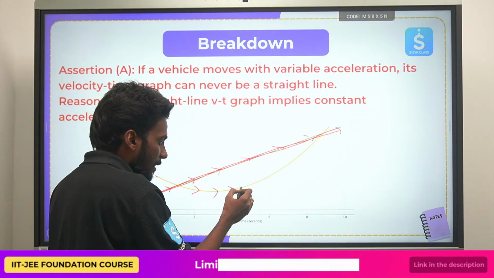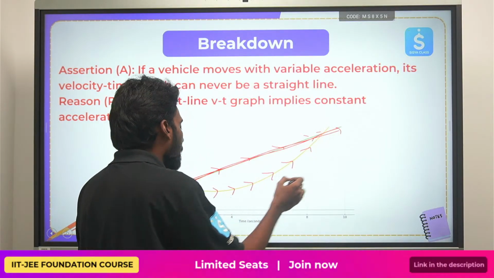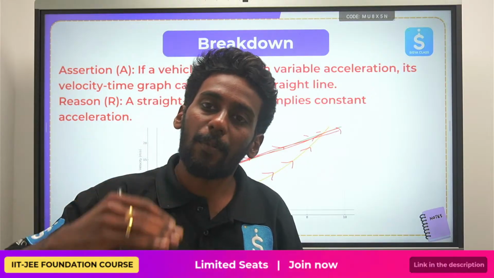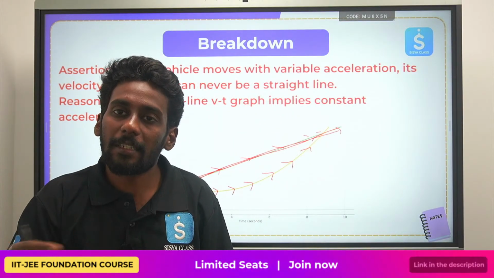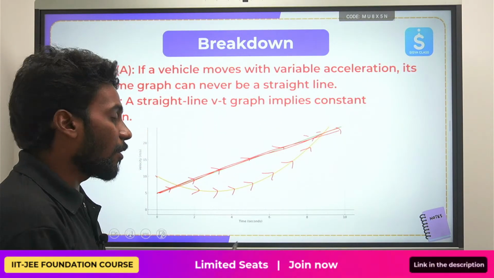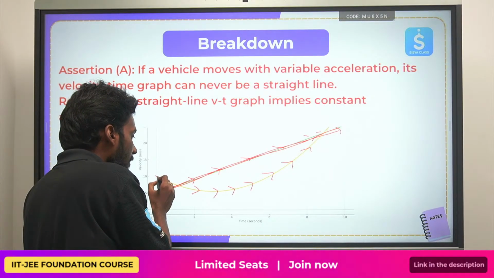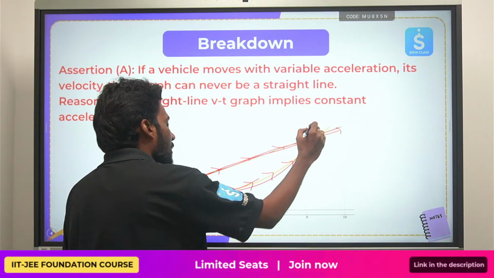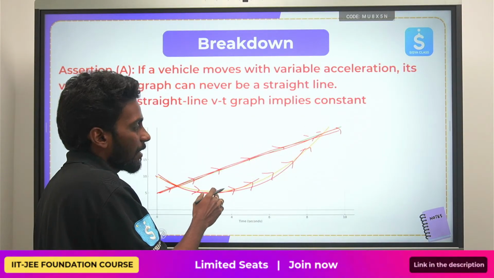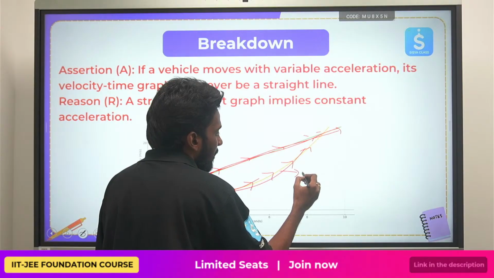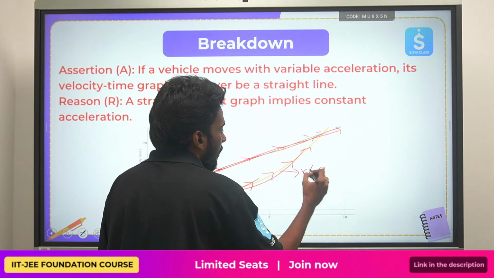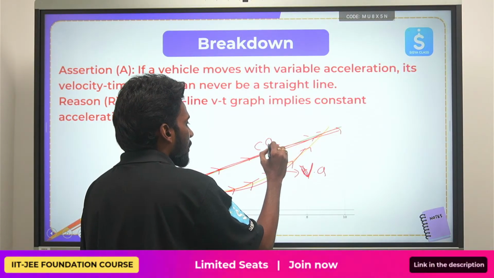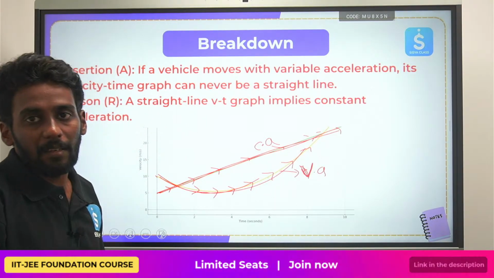Again from the third second the velocity started to increase, so it is not a uniform velocity, right? The velocity kept on decreasing, again kept on increasing. It is a variable velocity, right? Variable, and also it is coming down, again going up. There is a deceleration as well as acceleration, right? So the acceleration is not a constant here, it is completely a variable acceleration for the yellow graph, whereas constant acceleration for the green graph, right?